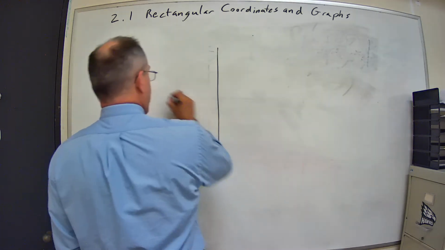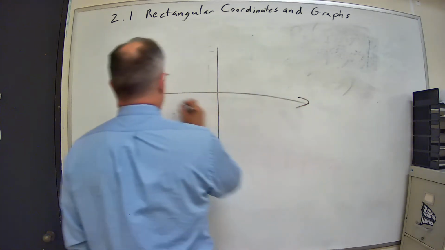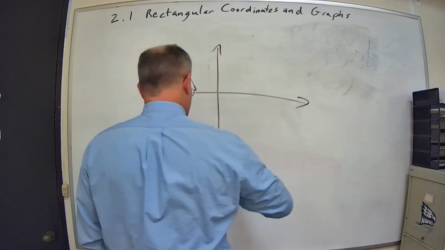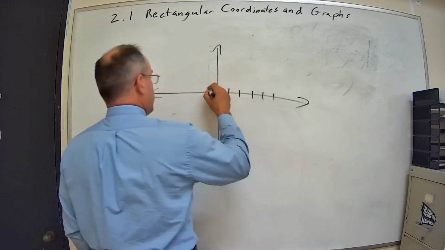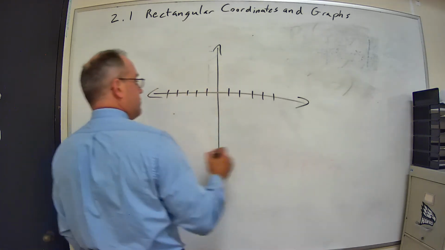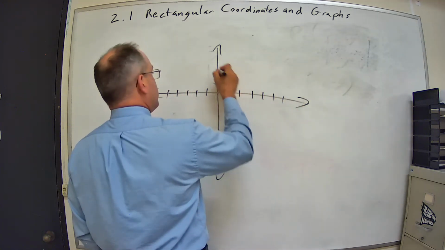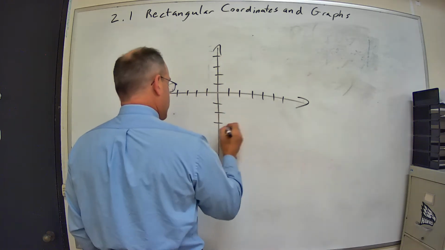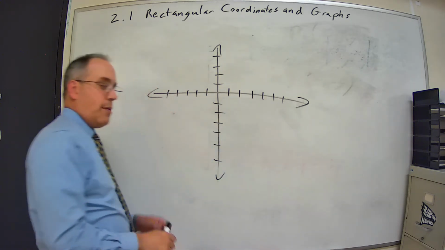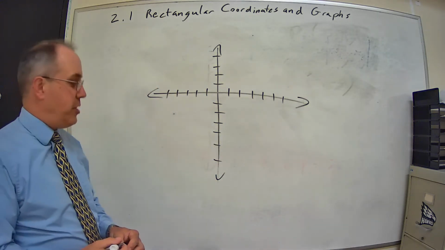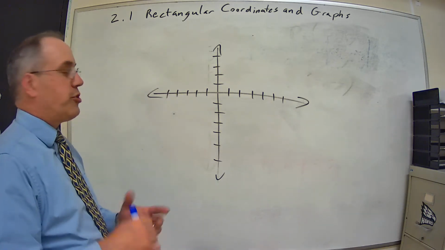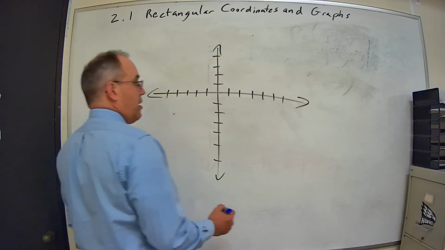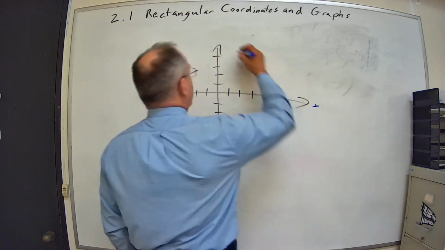So if I have my rectangular coordinate system here, and I'm just going to give a quick demonstration without doing anything fancy with it. I just want to show what I'm looking at. You remember this is x and that's y.